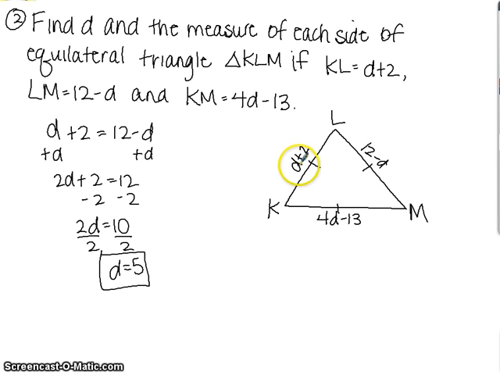Well, if we plug in 5 plus 2, that's 7. Shouldn't all of them be 7? 12 minus 5, yeah, that one's 7. This one should also be. 4 times 5 is 20. 20 minus 13, what do you know? It's 7. Okay, so make sure that you're answering all parts of the questions that you're given.